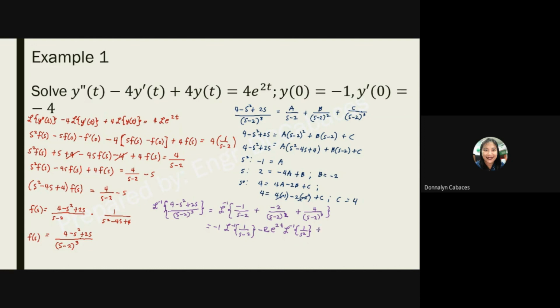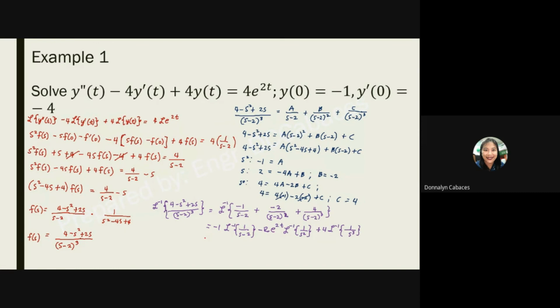So this is plus 4, similar to the second term, the inverse Laplace of 1 over s cubed. And now we find the inverse of the following.